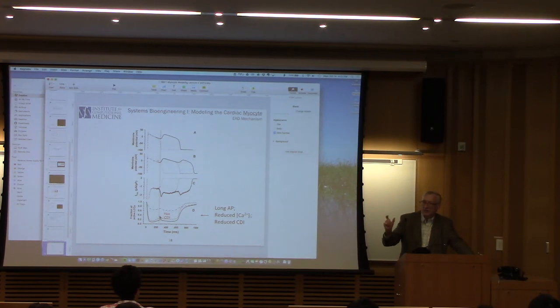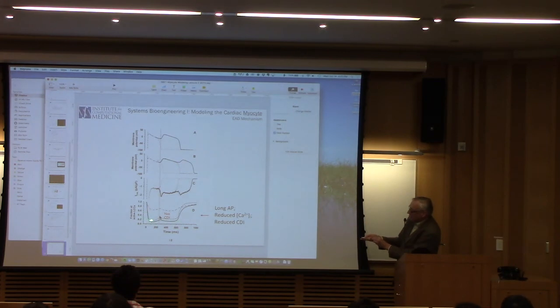If it's not either of those two things, it can gate. It can open and conduct. And so this dashed curve right here is showing the fraction of channels that are not undergoing calcium-dependent inactivation.